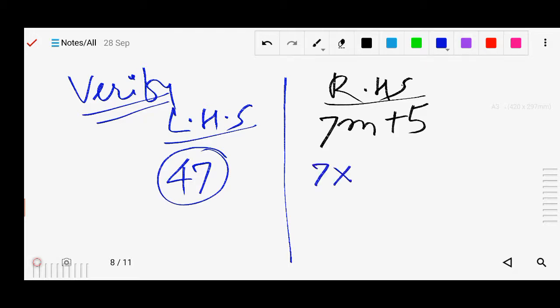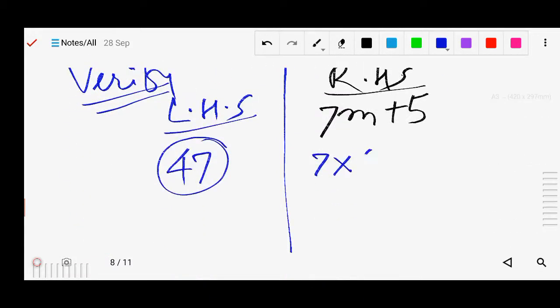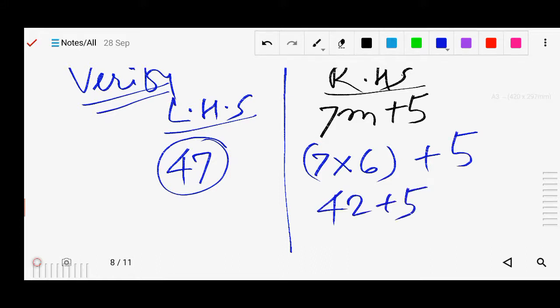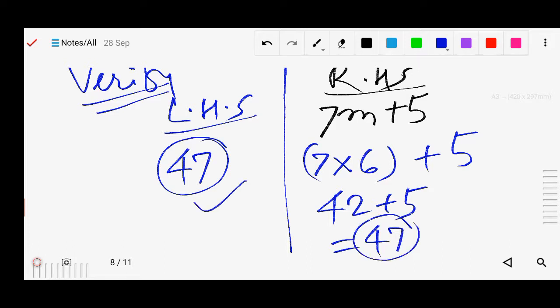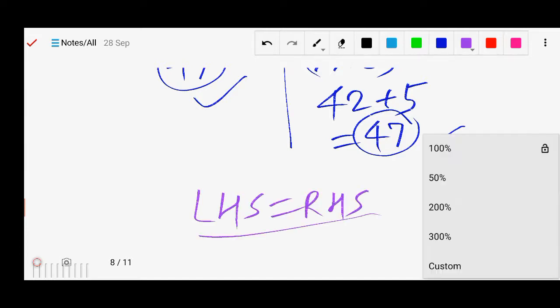What is the value of m we got? 6. So 7 into 6, 42 plus 5, so it is 47. Now you can check left hand side and right hand side, both side values same. So you can write LHS equals to RHS. So this is your solution.